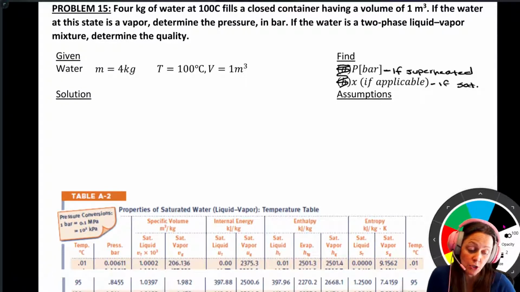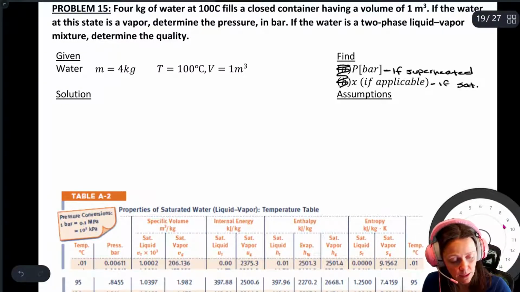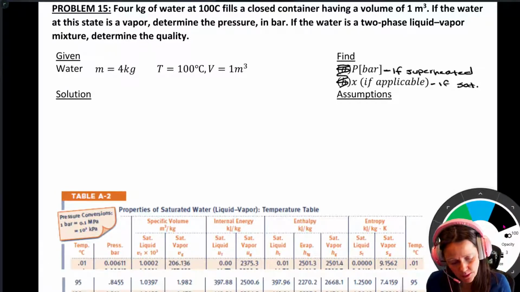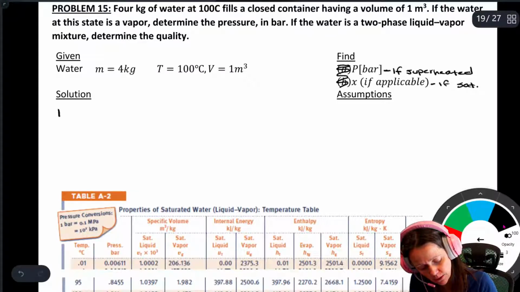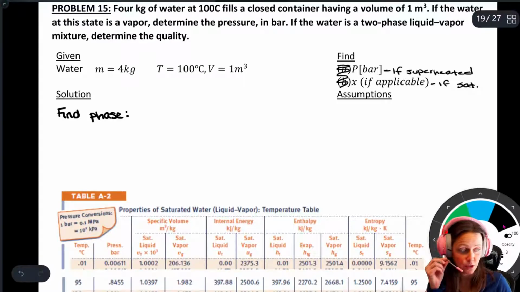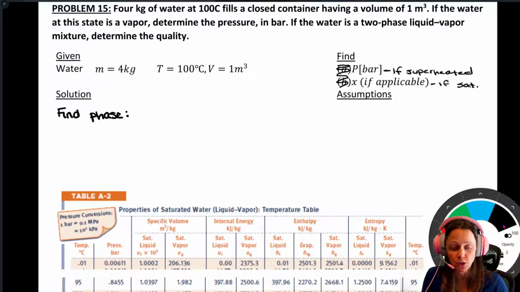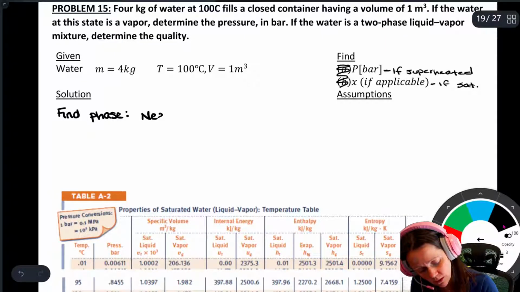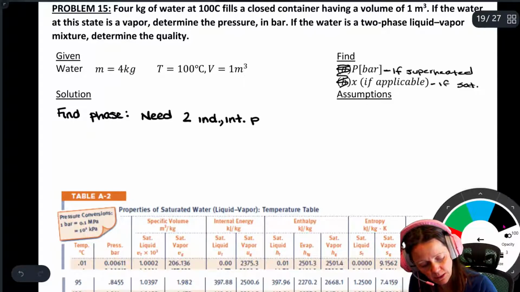All right, so the first thing I need to do is figure out what phase it's in. So define my phase, and in order to find the phase, in order to fix my state, I need to know 2 independent intensive properties, and I have a list of them.